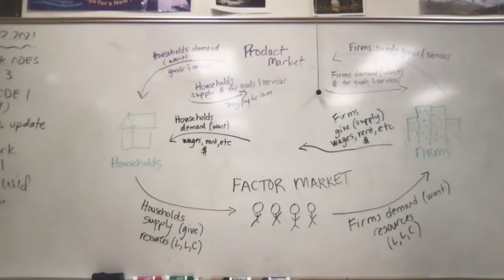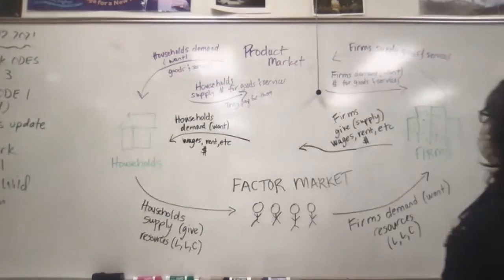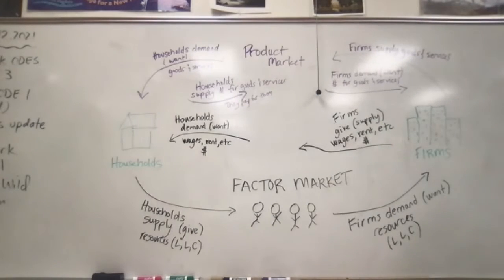But in the product market, households demand or they want goods and services. And the firms will supply those goods and services. But the firms demand or want money for them. And the households will supply the money. That's a little dollar sign. Will supply money for goods and services. They pay for them.